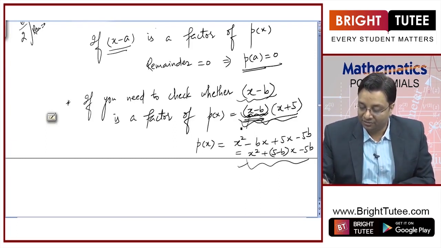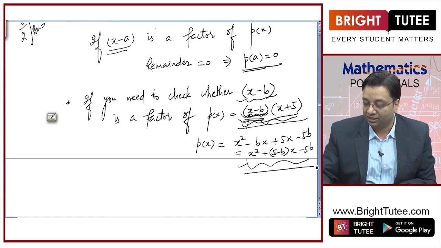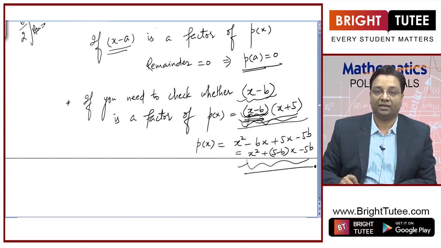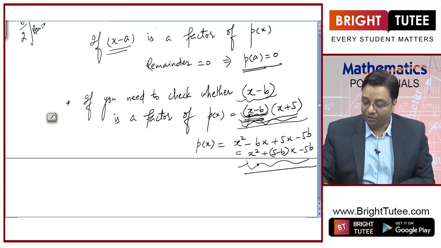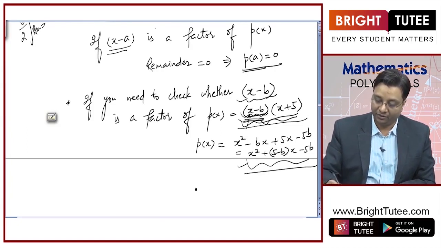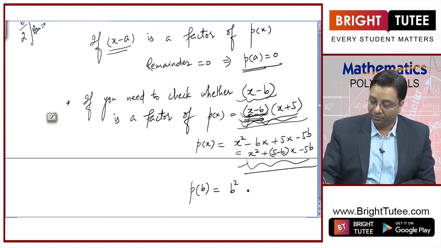Whether this expression is written in this form or in that form doesn't make a difference, right? If I put x equal to b here, P of b is equal to b square plus 5 minus b into b minus 5b.